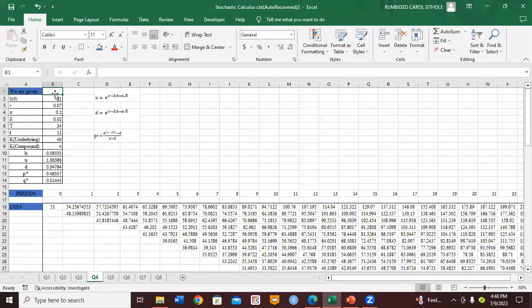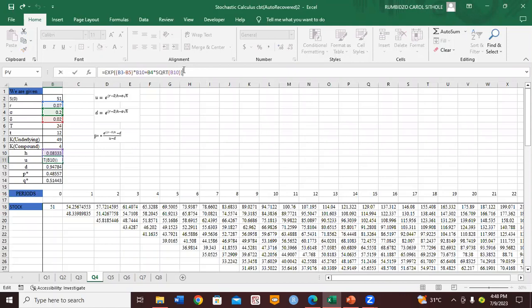I've indicated the information that we're given, which is here from B2 to B9. Because we're calculating a binomial tree, we'll need our H, which is 1/12. We'll need our U. To calculate our U, we'll need our R minus our delta multiplied by our H plus our sigma multiplied by the root of H. I've put here the formulas that we use for calculating these things.